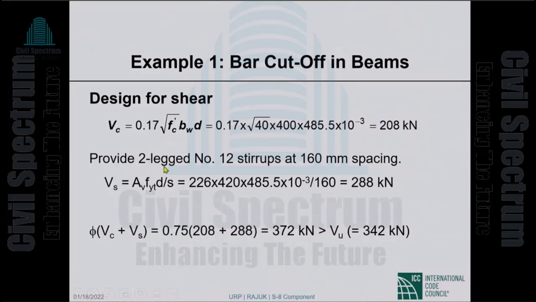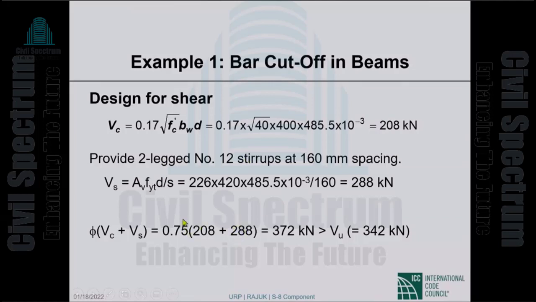We said let us provide two-legged number 12 stirrups at 160 millimeter spacing. That will give us a V sub s of 288 kilonewtons. So concrete can do 208. The two-legged number 12 stirrups can do 288.